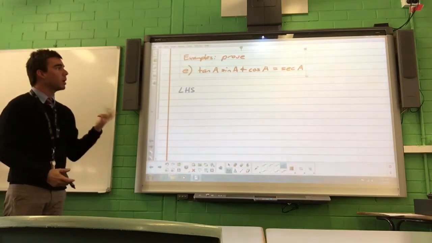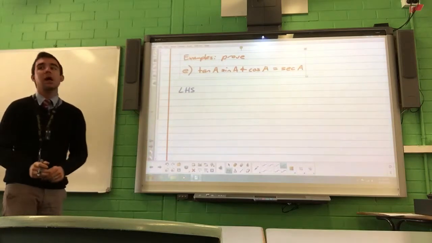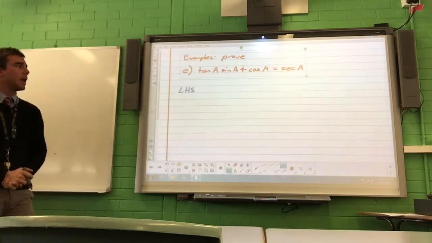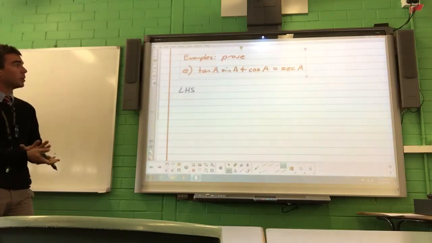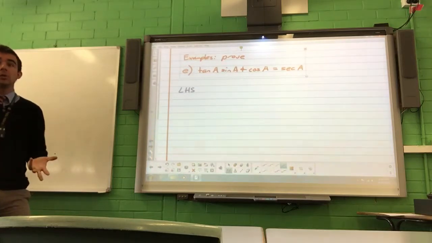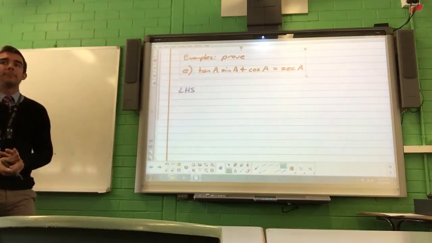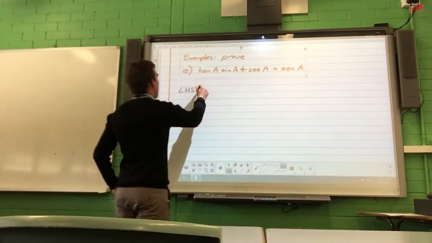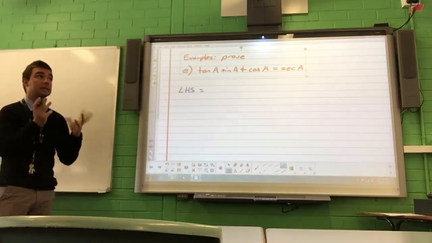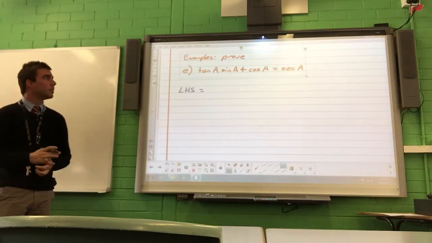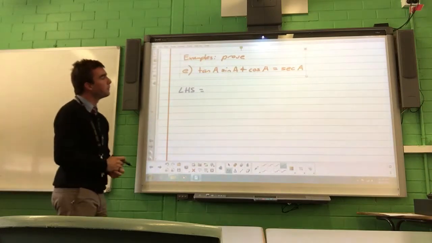So what I'm going to do is take tan of capital A times sine of capital A plus cos of capital A, and manipulate it in terms of the ratios I've got there, and get it to all equal sec of A. So, what can I do with the expression on the left-hand side? What could I substitute in? Yep, which one?